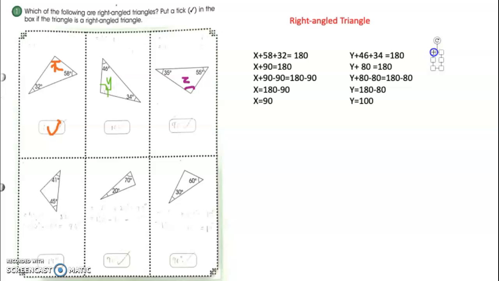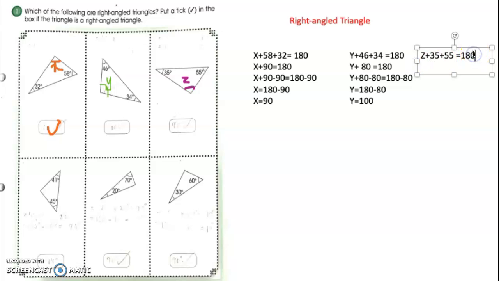The fact that we are using is the sum of the angles inside the triangle. When you add all the angles inside the triangle, it should be equal to 180, right?